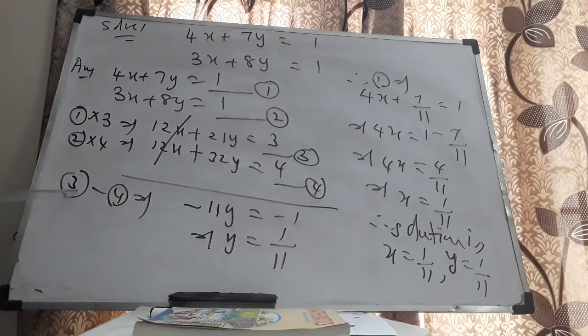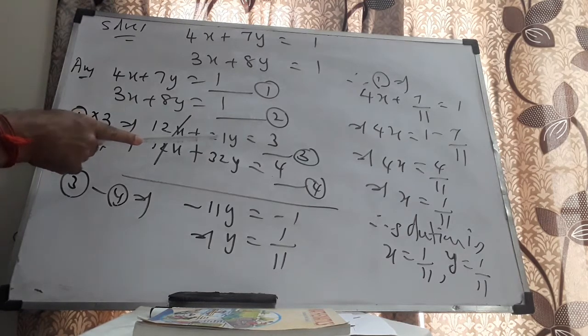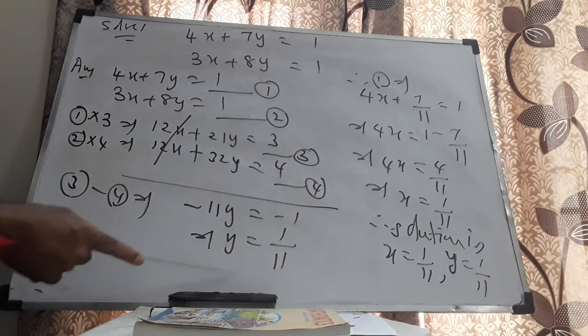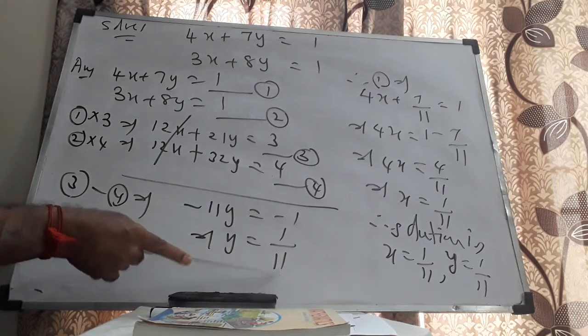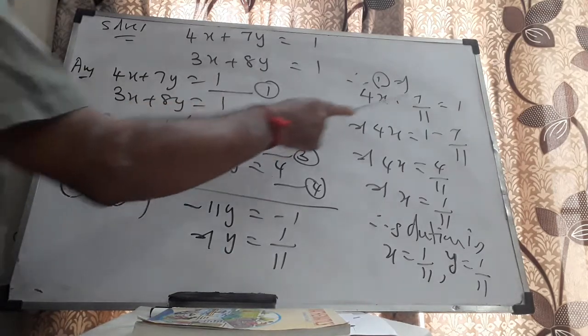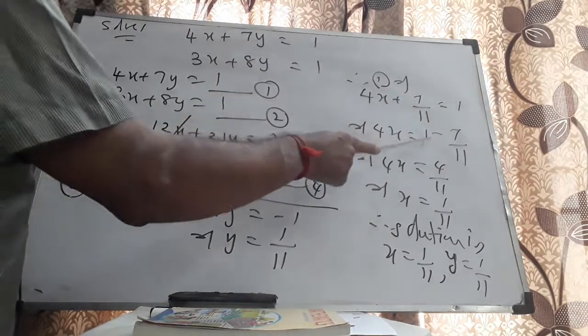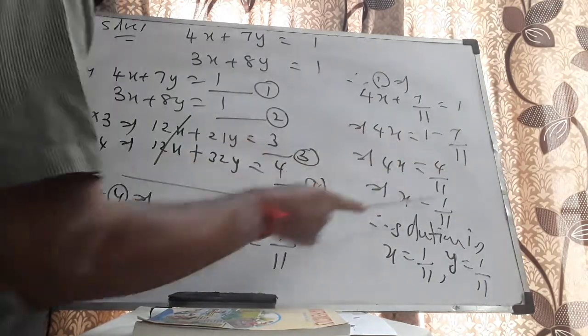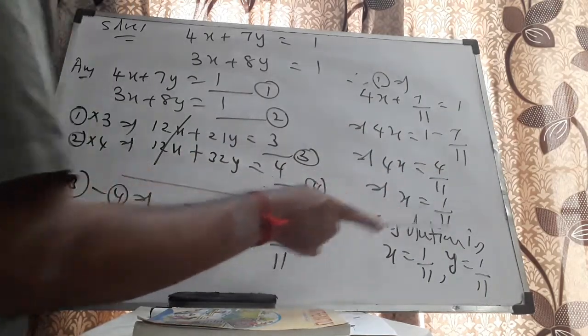Subtract equation 4 from equation 3, by mistake I said 3 from 4, sorry. 12x minus 12x goes off, 21y minus 32y becomes minus 11y, 3 minus 4 is minus 1, y becomes plus 1 by 11, the minus minus goes off. Substitute in equation 1: 4x plus 7 by 11 is equal to 1, 4x is 1 minus 7 by 11, 4x equal to 4 by 11 after taking LCM. The 4 gets cancelled, x is 1 by 11.